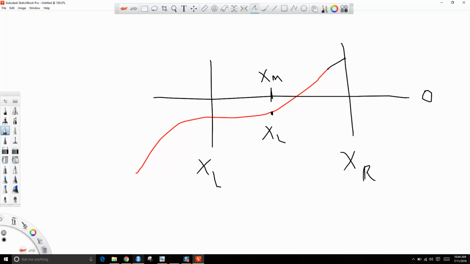Then I calculate the halfway point right here. Here this is positive and this is positive, so I don't want to pick that side. This is negative and this is positive, so this is going to become my new x on the right. Then you just keep going back and forth, finding the midpoint, and that's the bisection method.